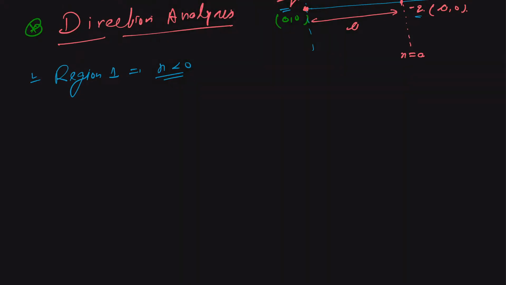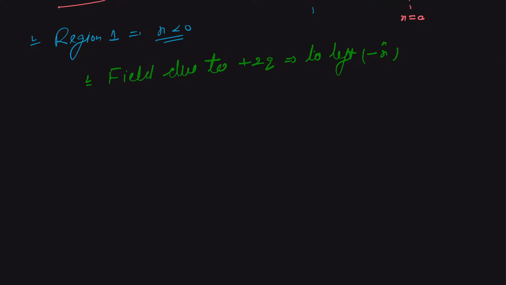we can say that the field due to our plus 2q charge is to the left, in terms of the unit vector minus x. Then we have our minus q charge.